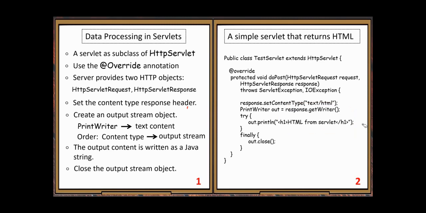At the end, when we complete this method, we need to release the memory resource used by this output stream object. This output stream object occupies main memory resource, and we don't want to waste it, so we should release it.